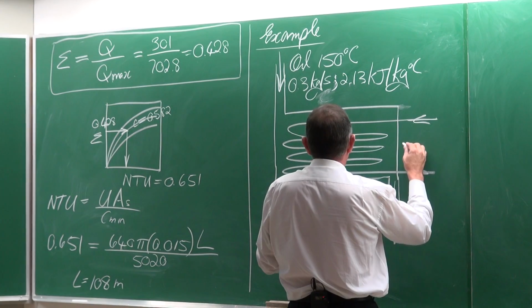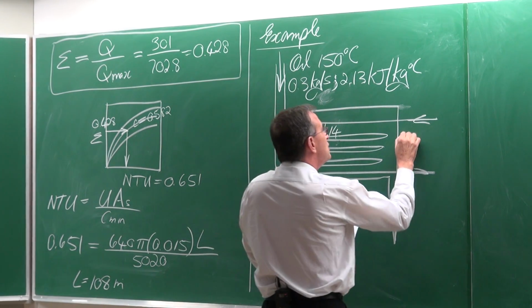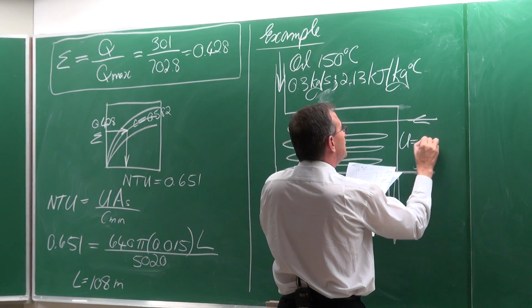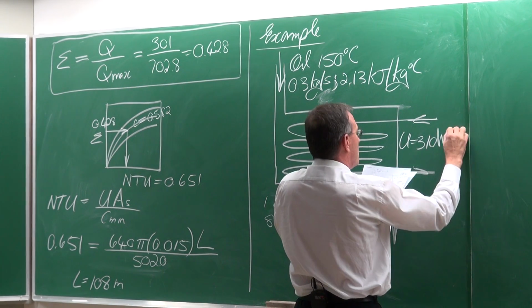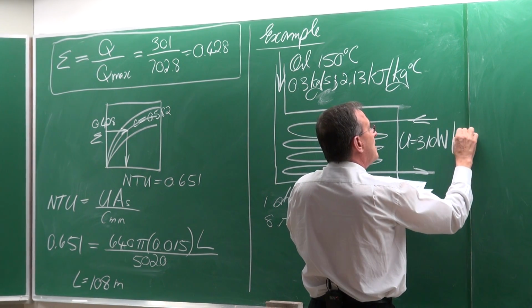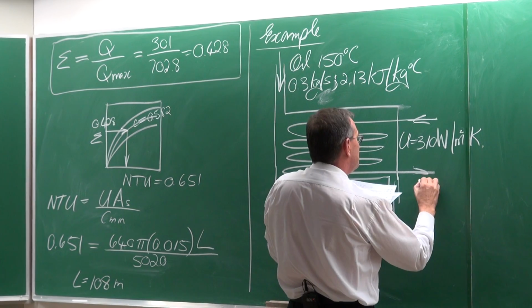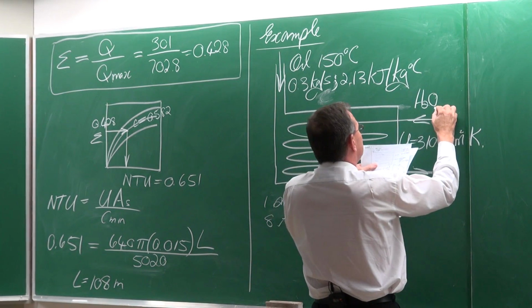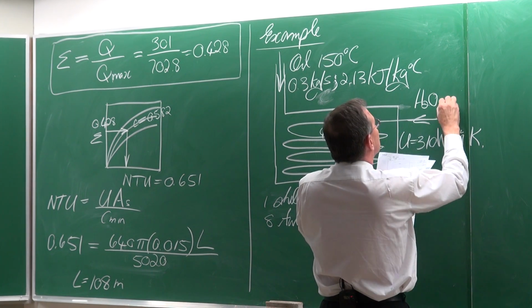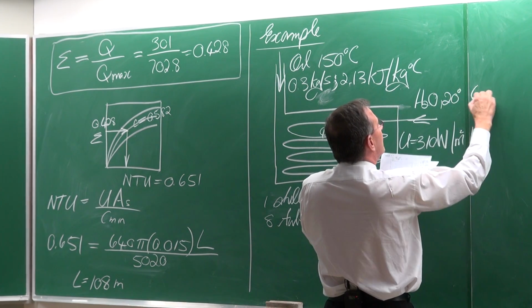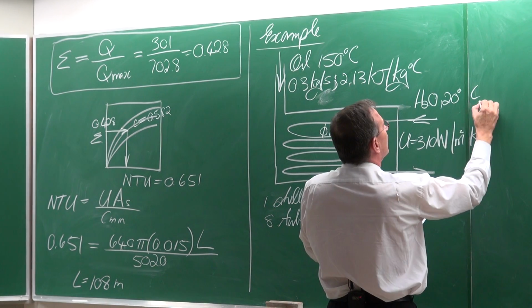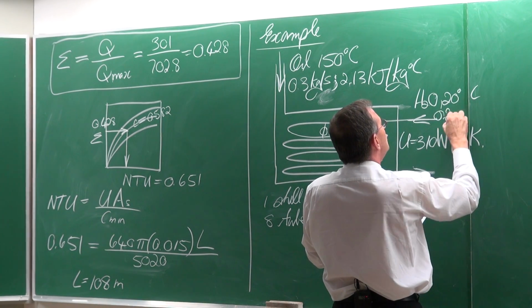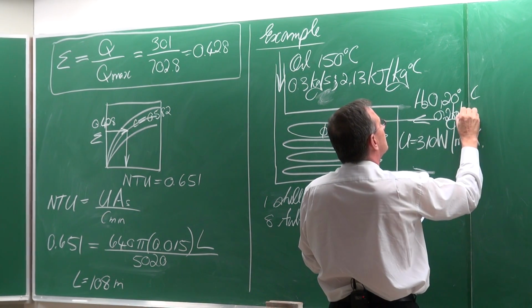The overall heat transfer coefficient, U, is 310 watts per square meter Kelvin. We have water flowing in at a temperature of 20 degrees Celsius, and a mass flow rate of 0.2 kilograms per second.